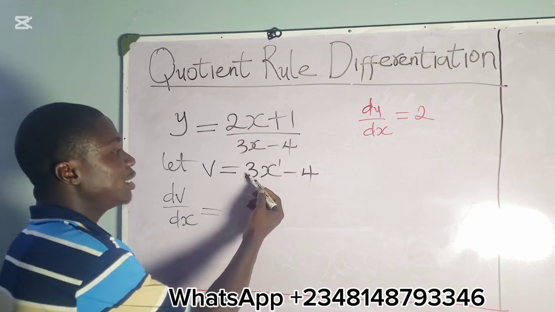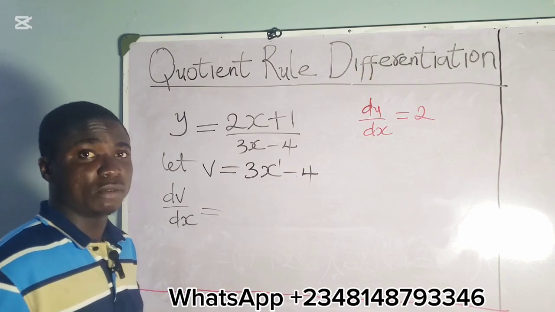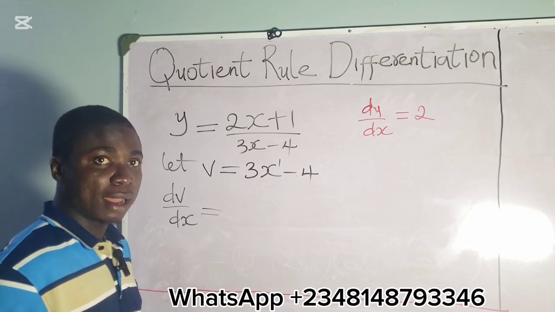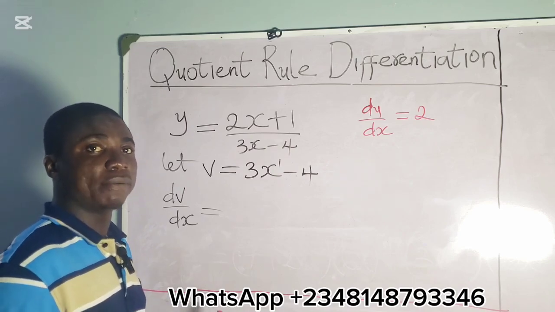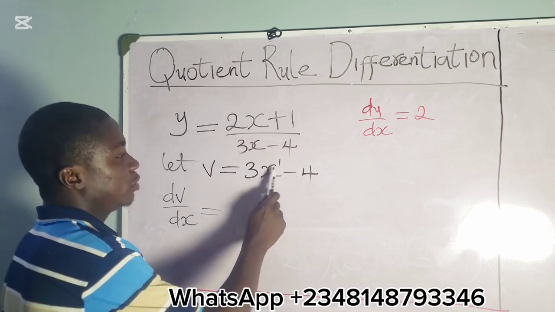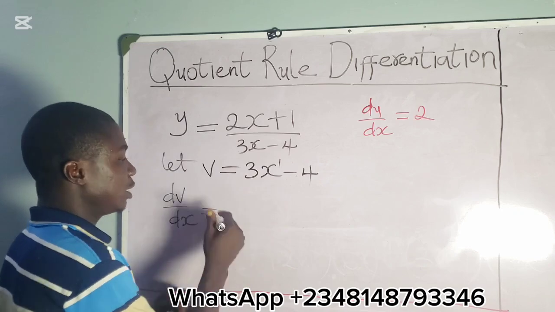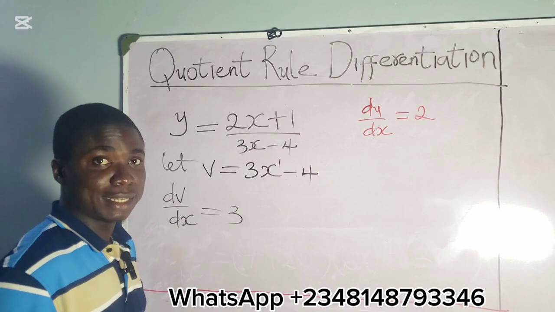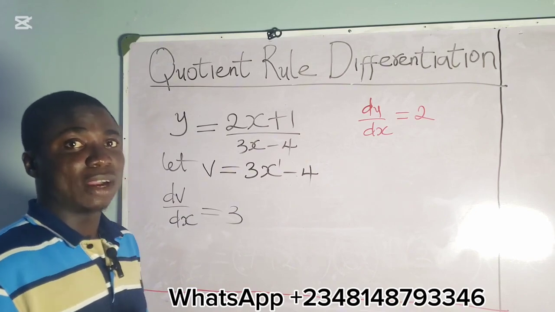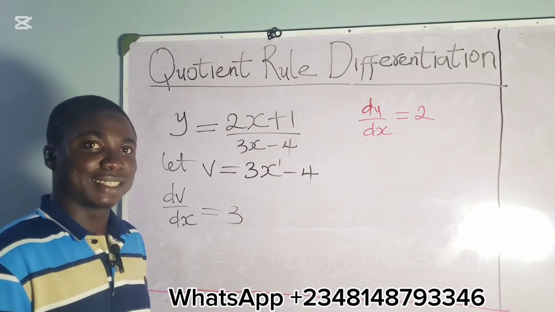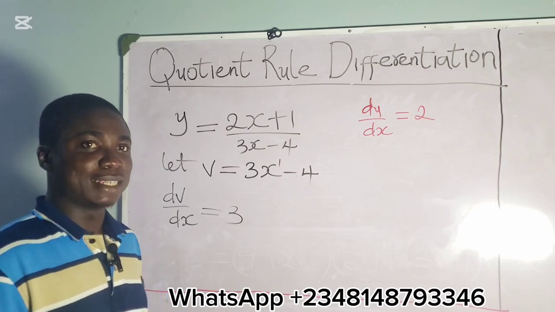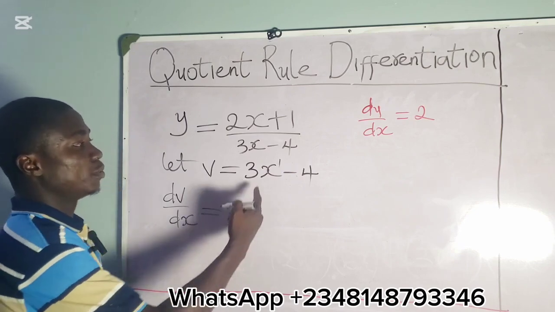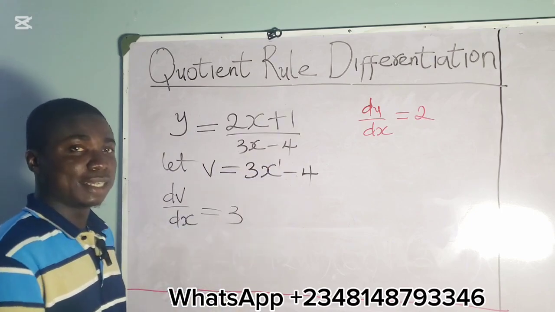You simply multiply x by its power and then subtract 1 from the power of x. 3 multiplied by 1 is 3. 1 minus 1 is 0, and according to the zeroth law of indices, x raised to power 0 is 1.